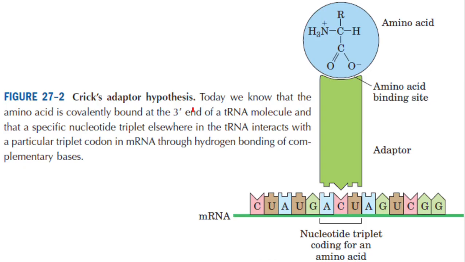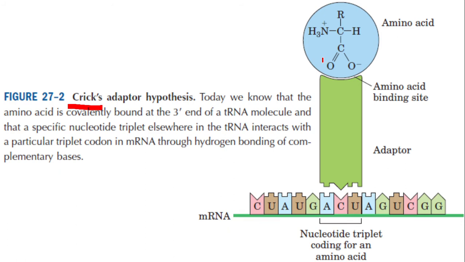Yes, what is the function of tRNA? tRNA is acting as an adapter. This hypothesis was proposed for the first time by Crick, Francis Crick. Why? Amino acids are joined together according to the sequences of nucleotides on the mRNA. But mRNA does not know amino acids.